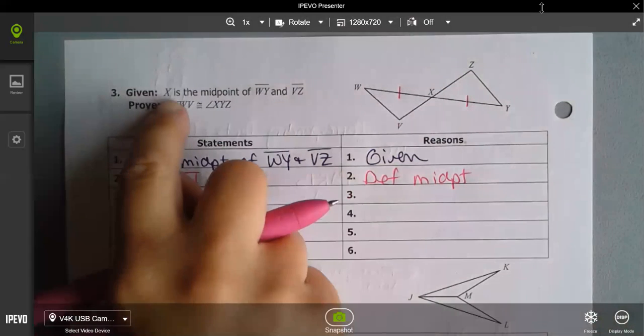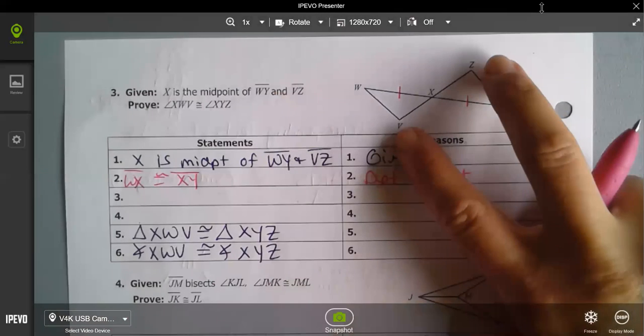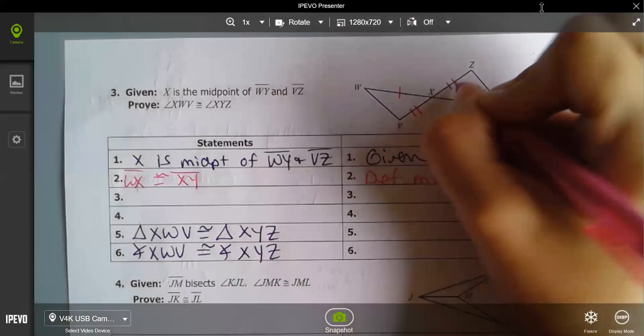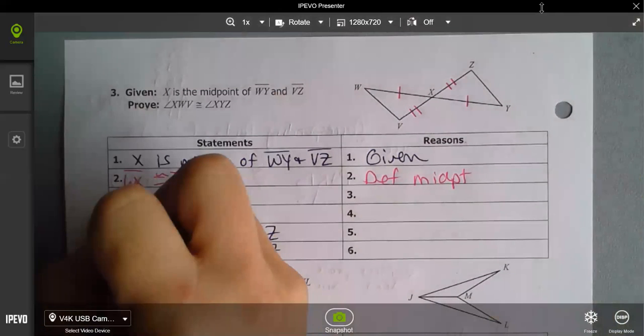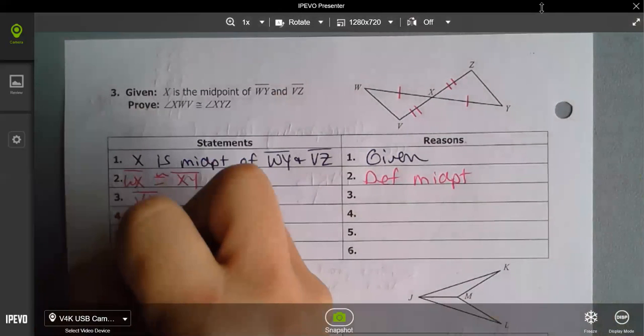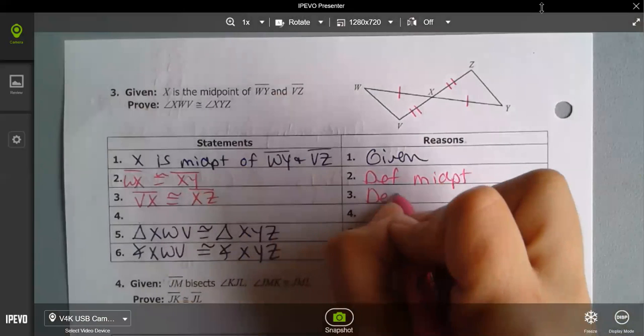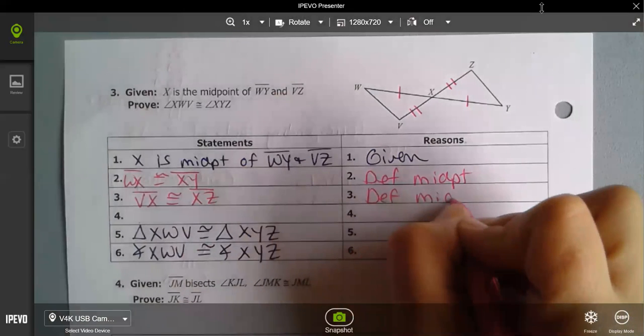It also says that X is in the middle of VZ. So that gives me that piece and that piece congruent. So VX is congruent to XZ, same reason, definition of midpoint.